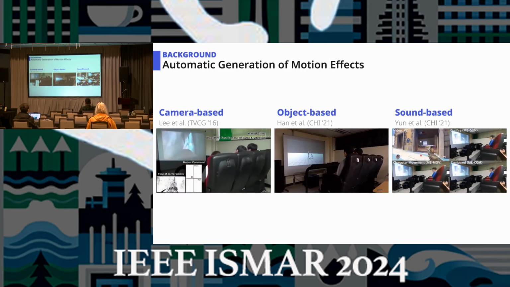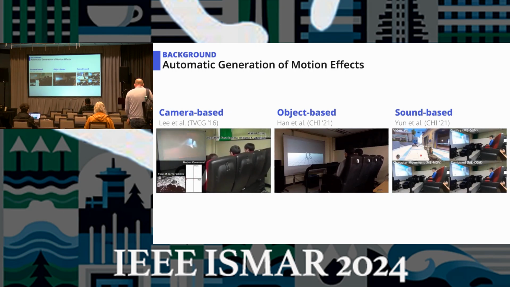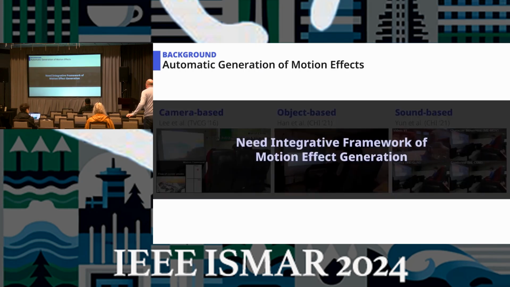Camera-based motion effects represent the camera movement of first-person view. Object-based motion effects respond to the movement of key objects in a scene. Sound-based motion effects represent sound events such as explosions or vibrations.